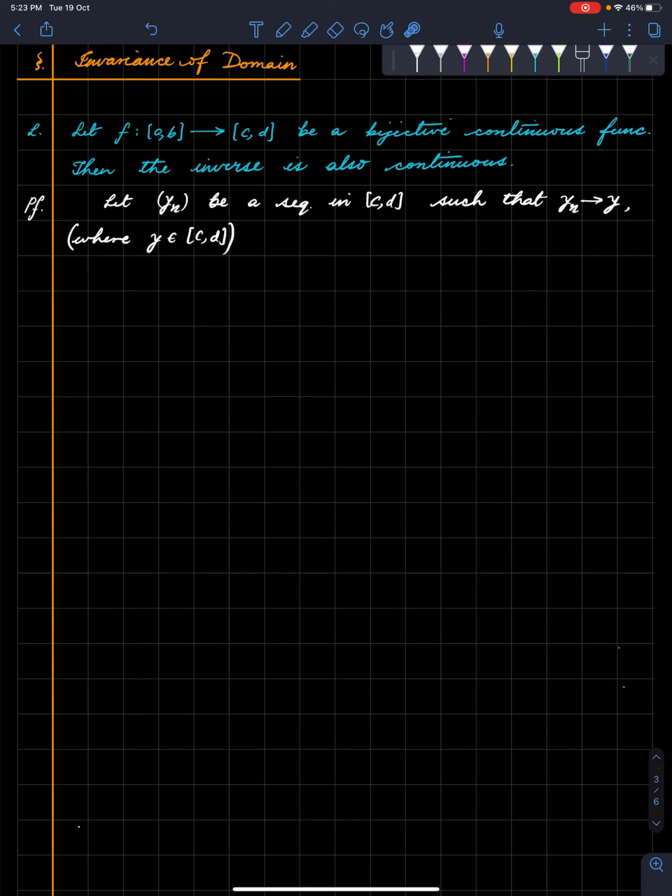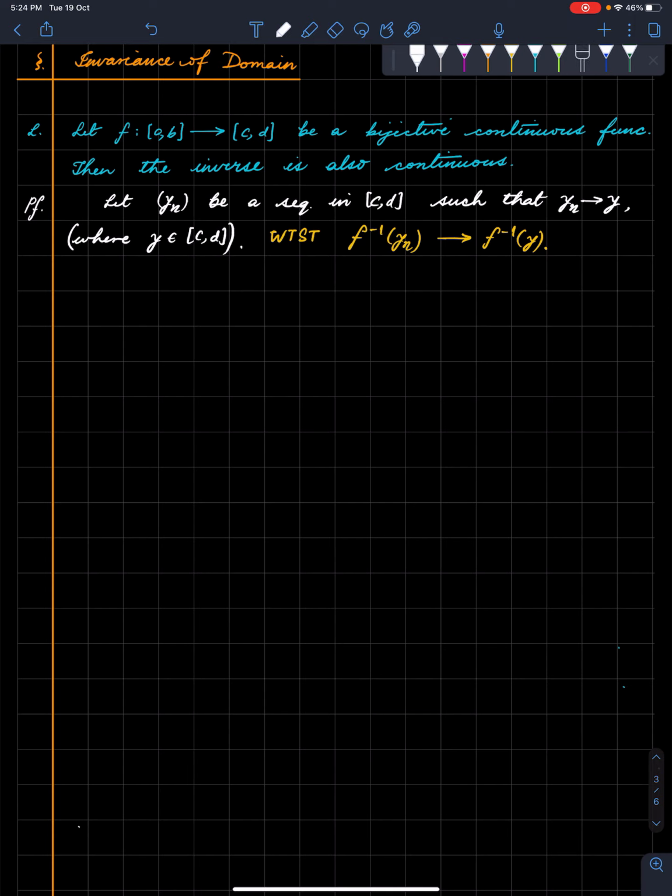We are interested in f inverse, and the domain of f inverse is this. Okay, so we picked such a sequence, and we need to show that f inverse yn converges to f inverse y. This is what we want to show, and this will prove continuity of f inverse by the convergence criterion of continuity.